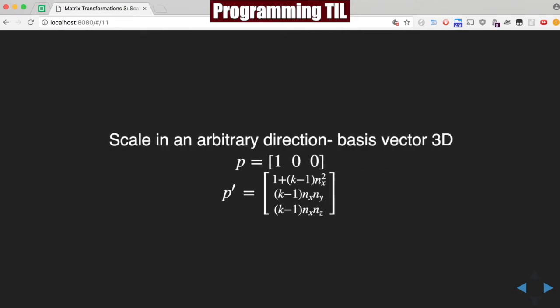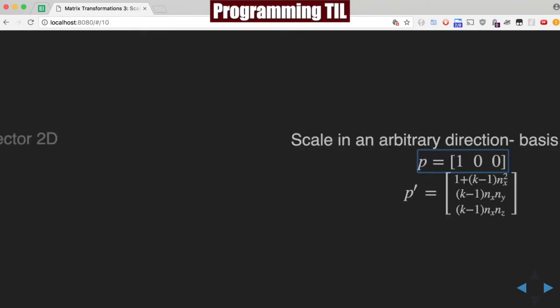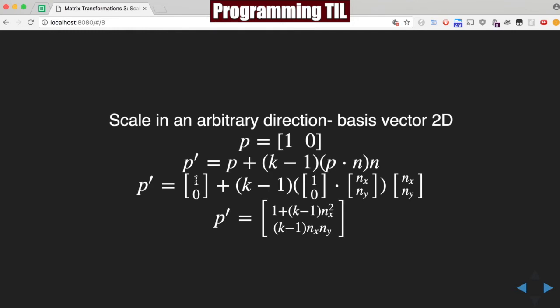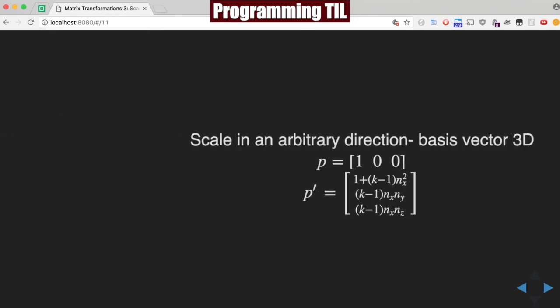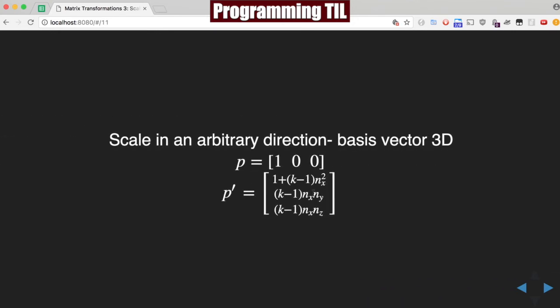Similarly, we can do this in 3D to solve for the basis vectors. You would just go ahead and put this p value into the equation right here to determine what the values are going to be. And it's a very standard approach where you'll see that's nx squared times this formula, and then k minus 1 times nx and ny, and nx and nz.